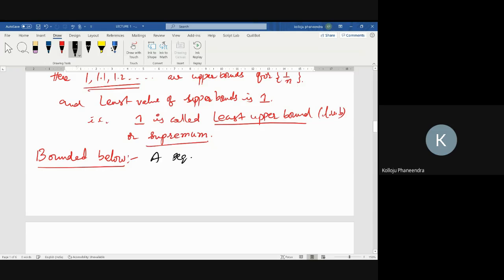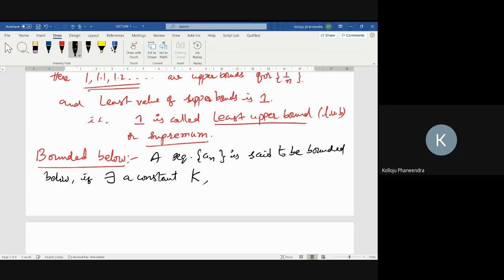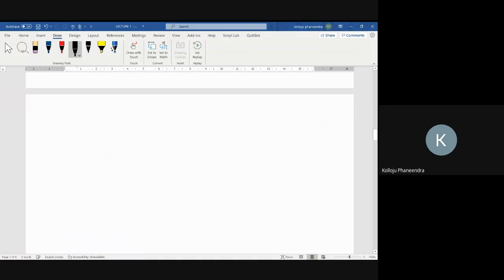A sequence an is said to be bounded below if there exists a constant, some k, such that every value of the sequence must be greater than or equal to k for all n.